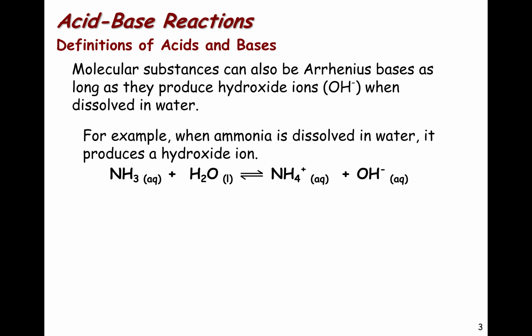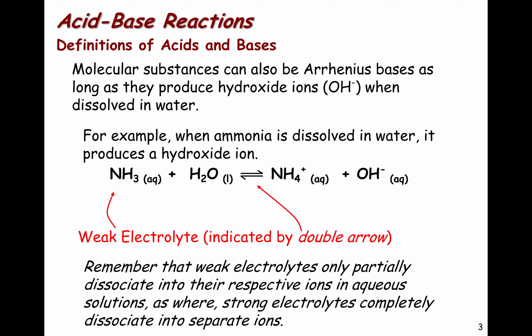An example of this is if we were to take the gas ammonia and dissolve it in water. It actually reacts with water molecules to remove an H+ ion from the water molecule, therefore producing this equilibrium that you see here, in which we have produced the ammonium ion and hydroxide ions, and hence increased hydroxide in the solution, and that meets the definition of a base.